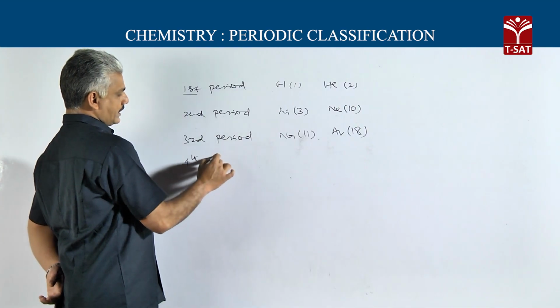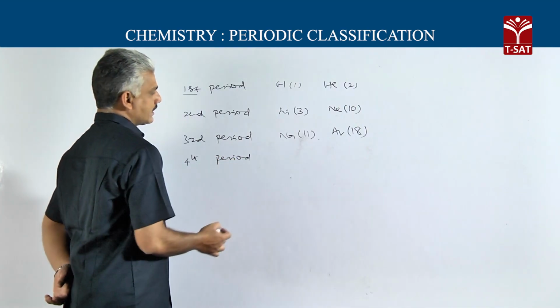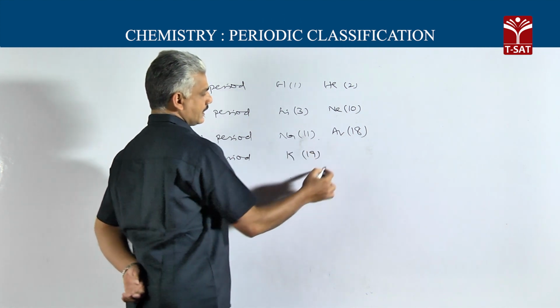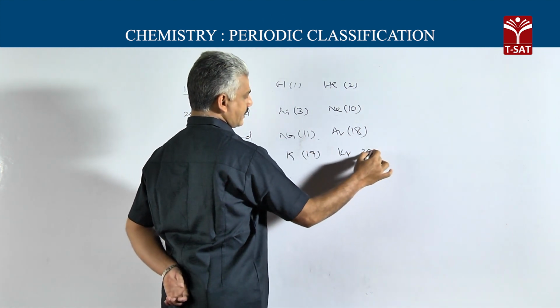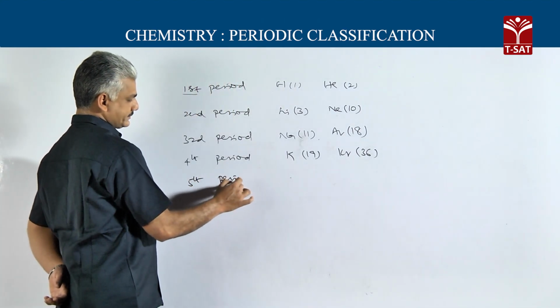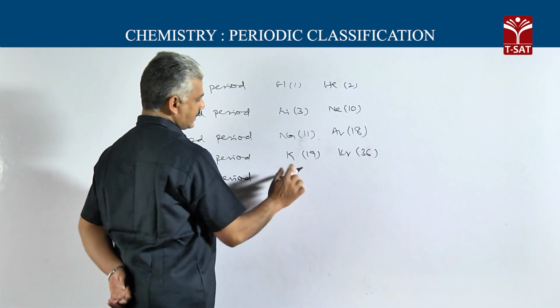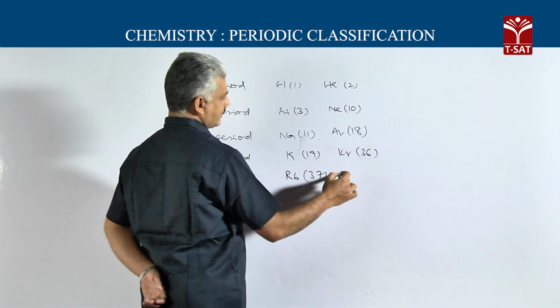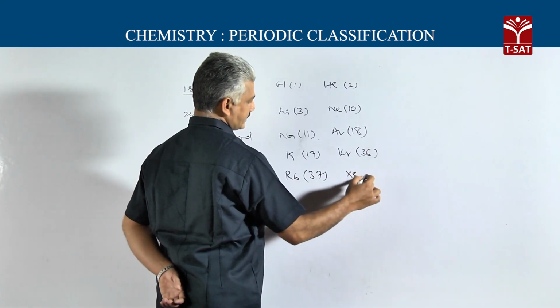In the fourth period, the starting element is potassium, the ending element is krypton. In the fifth period, the starting element is rubidium, the ending element is xenon.